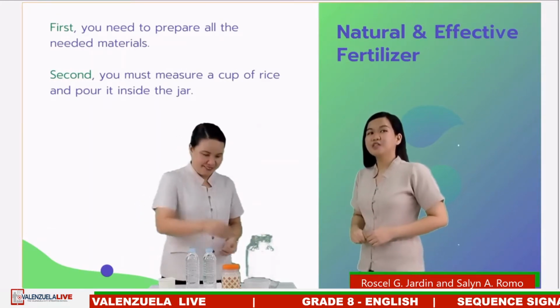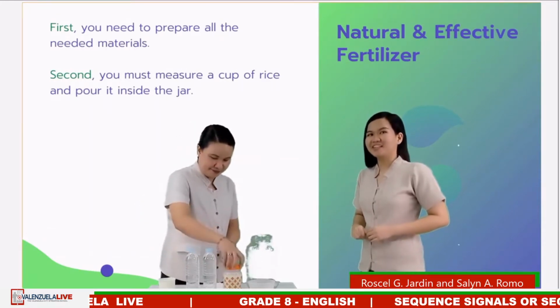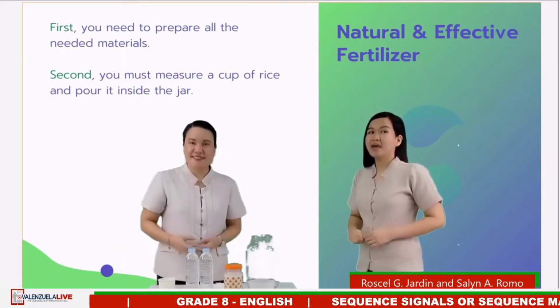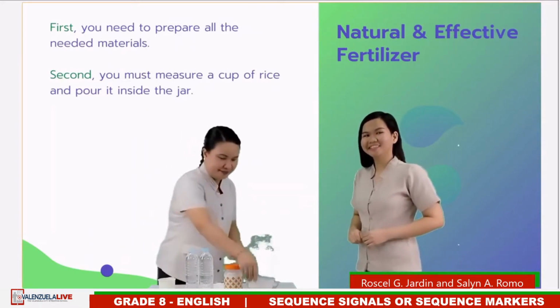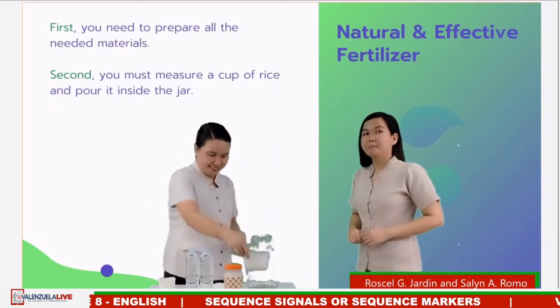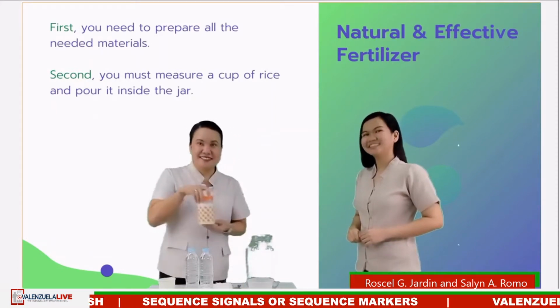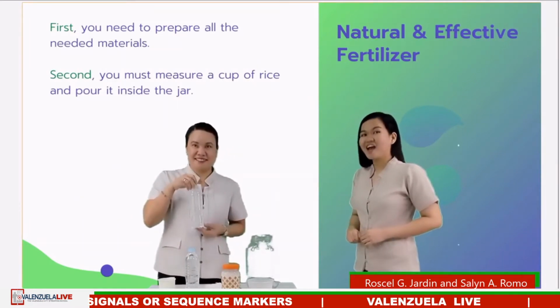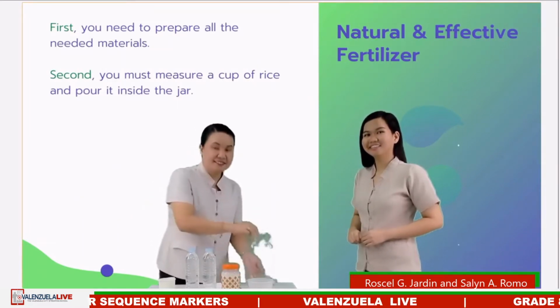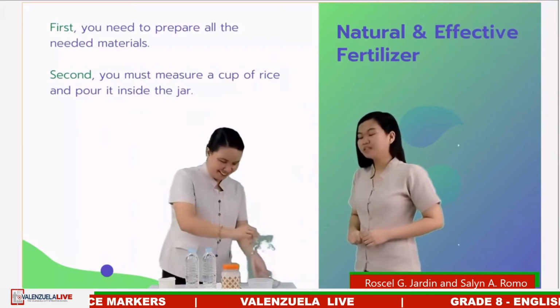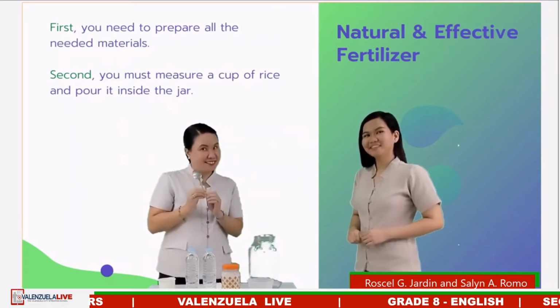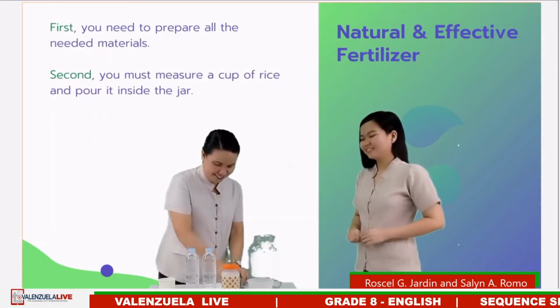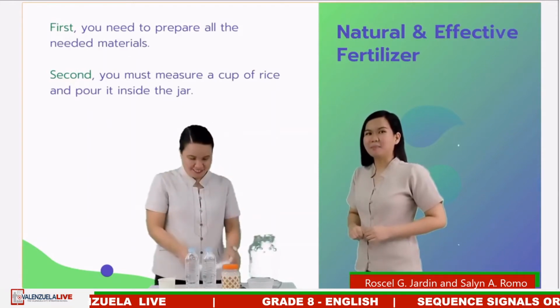First, you need to prepare all the needed materials. We have here rice, milk, water, a glass jar, a spoon, a piece of cloth, and rubber bands.